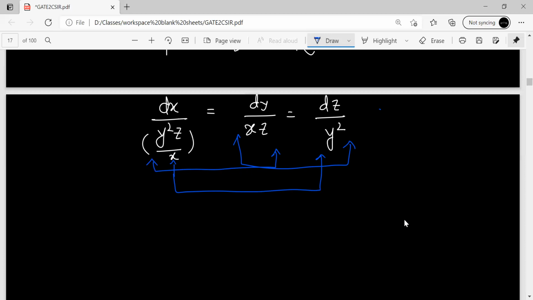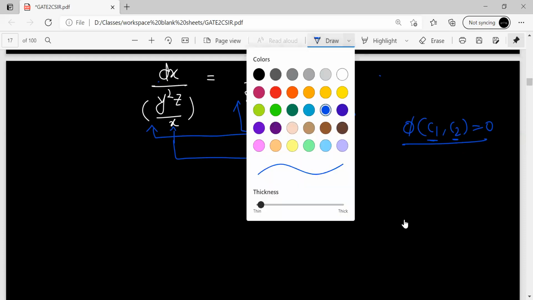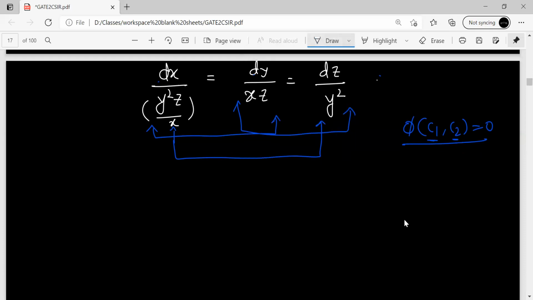But anyway, you have to solve only two, because the goal is to first solve one pair and get a relation in terms of x and y, or y and z, or x and z, ultimately. Our goal is to find this phi of C1, C2 equals 0. So basically we have to solve only two equations. For our convenience, I'll consider the first pair.